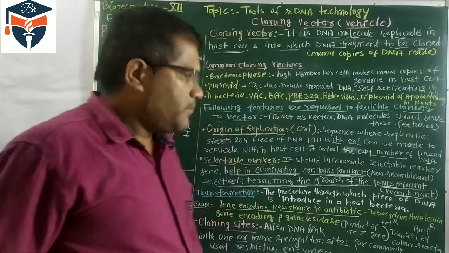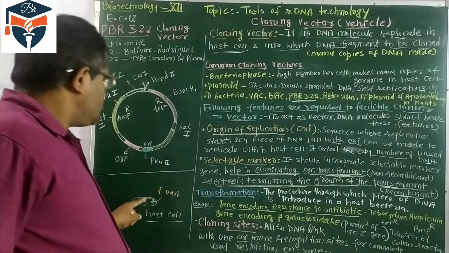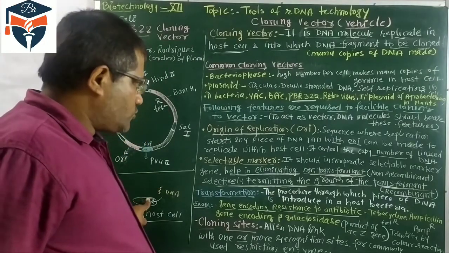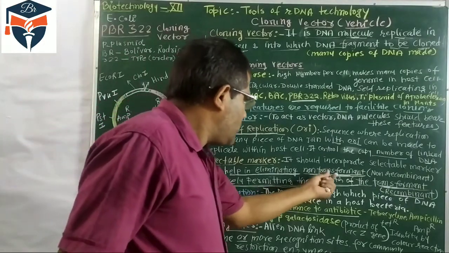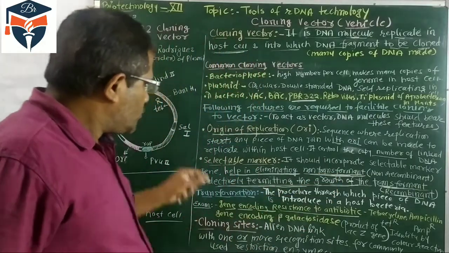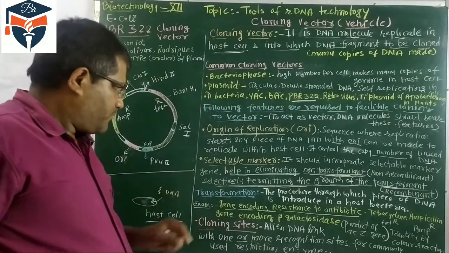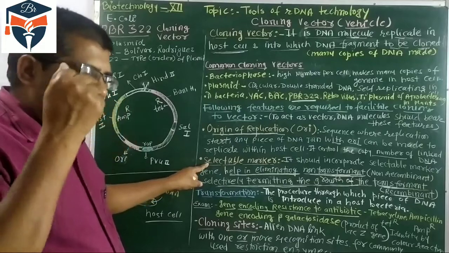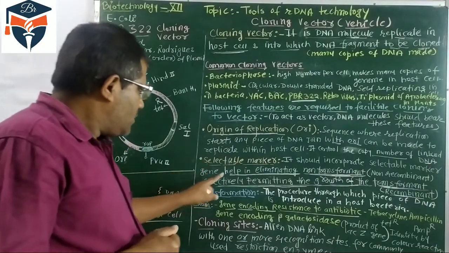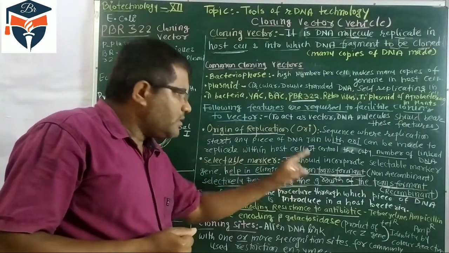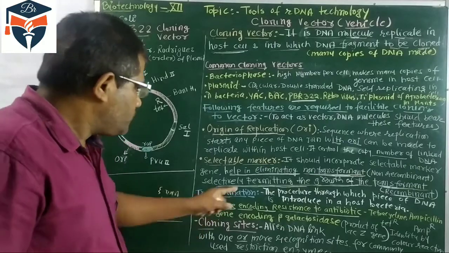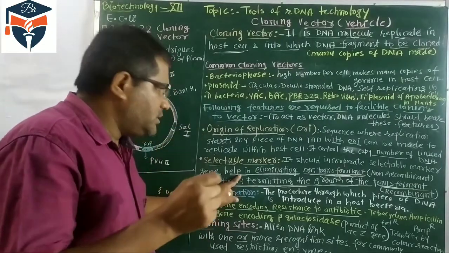So we call that recombinant formed, or the transformant. But if DNA is not introduced into the host cell, it is called non-recombinant. So a selectable marker will identify and help in eliminating the non-transformant.